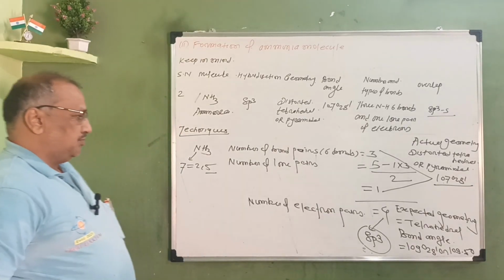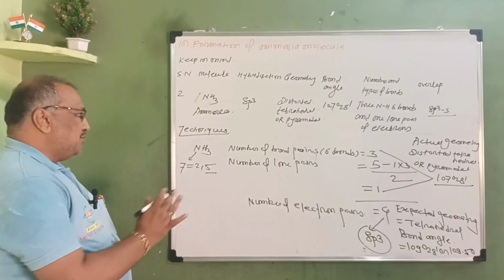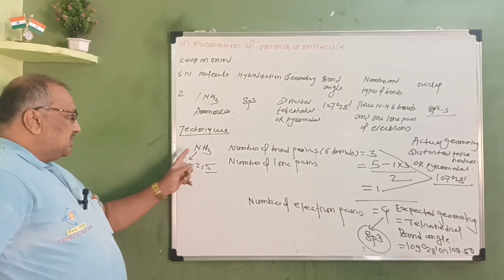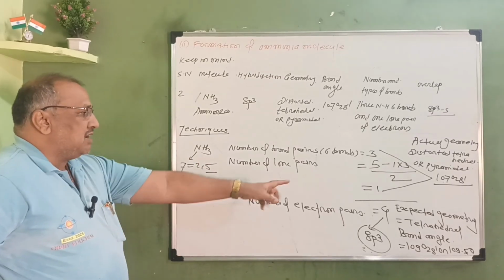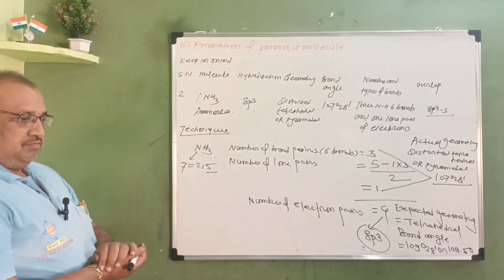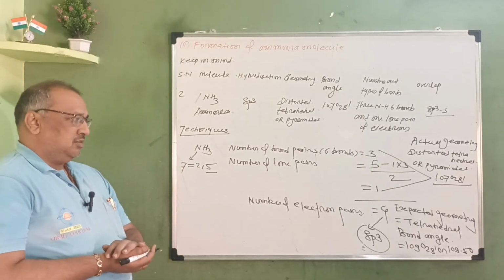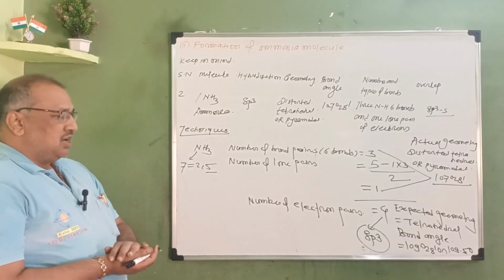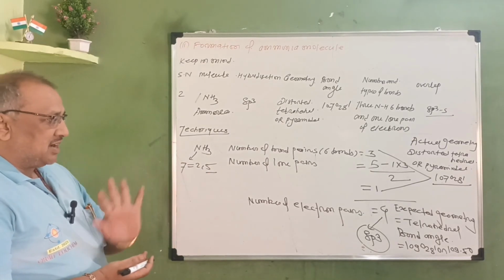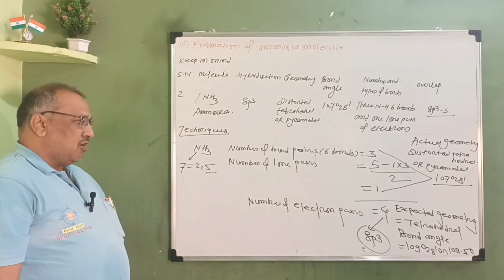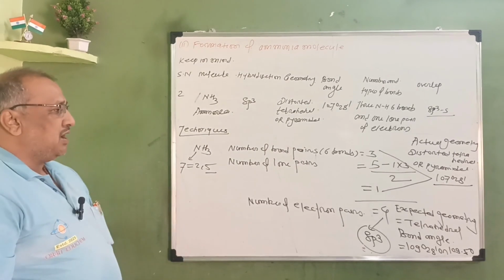Now in the simple sense here, this nitrogen atom is surrounded by 4 electron pairs. Hence the geometry of the ammonia molecule is tetrahedral with bond angle 109 degree 28 minutes or 109.5 degree.